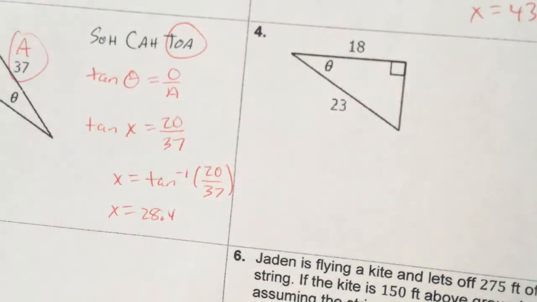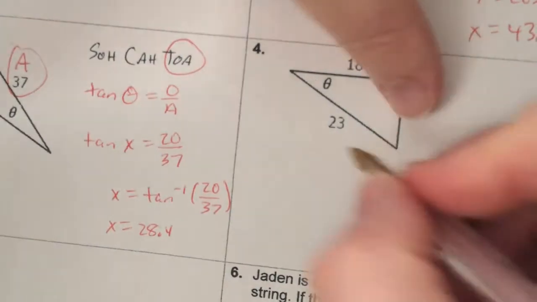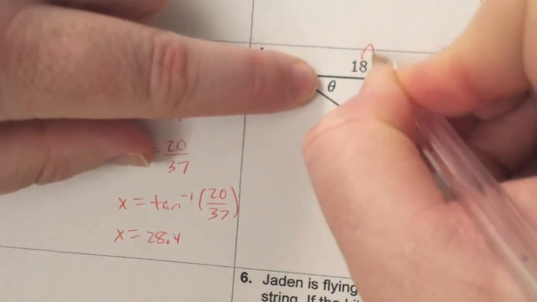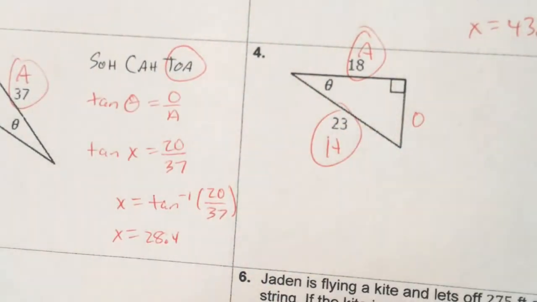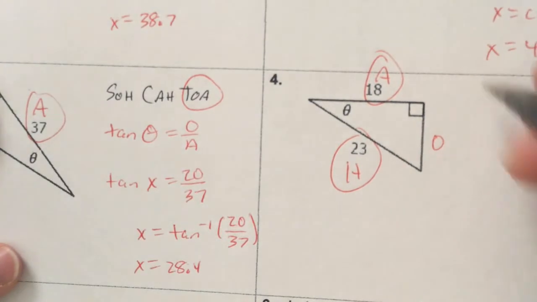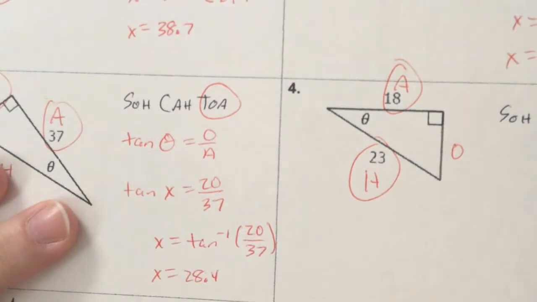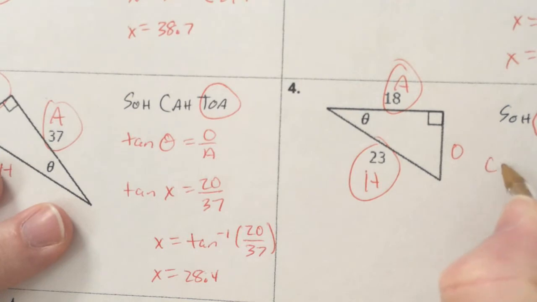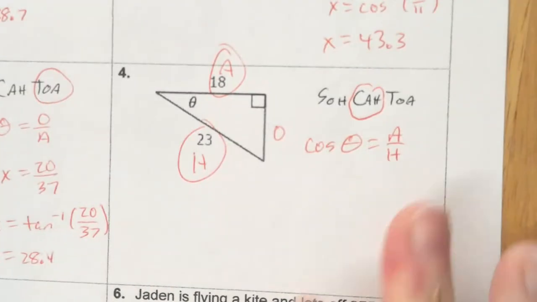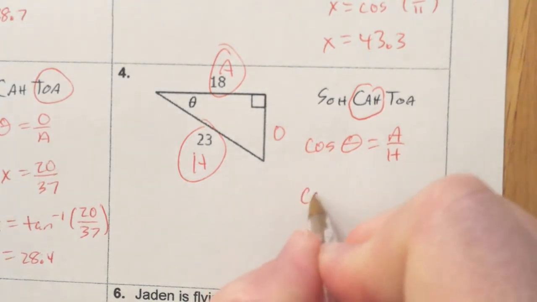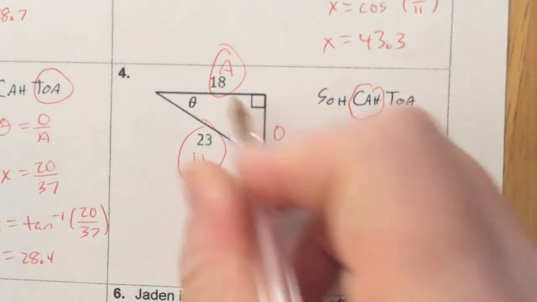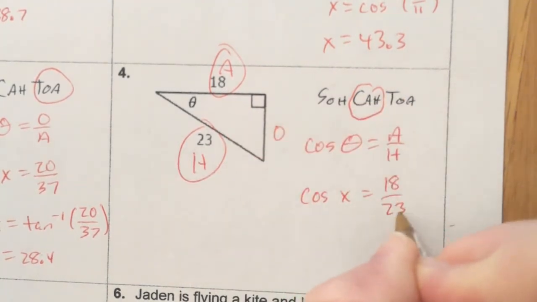Okay, keep going. All right, so on this one, so H, O, and A, what two sides are labeled? SOH CAH TOA. We have A and H labeled. So cos of theta equals A over H. Oops, sorry. So cos of x equals 18 over 23.